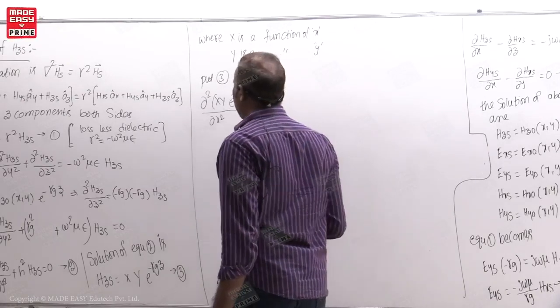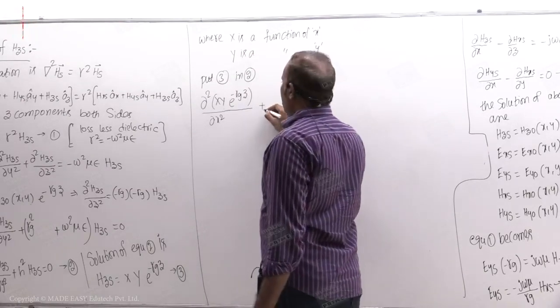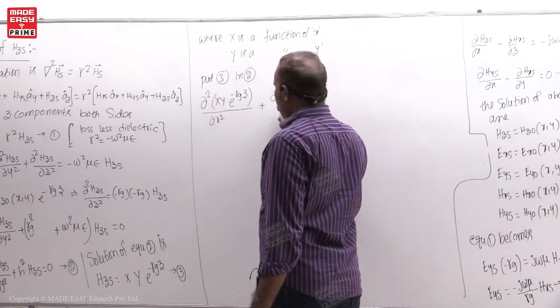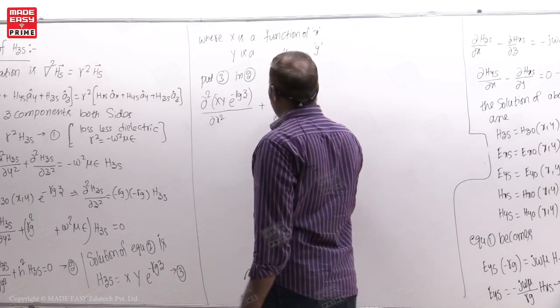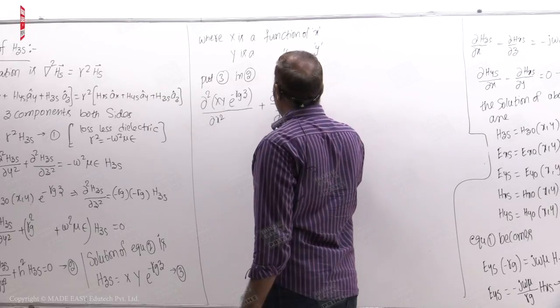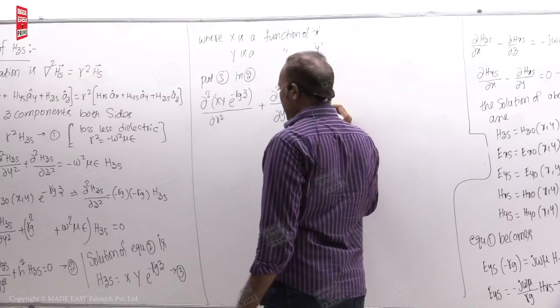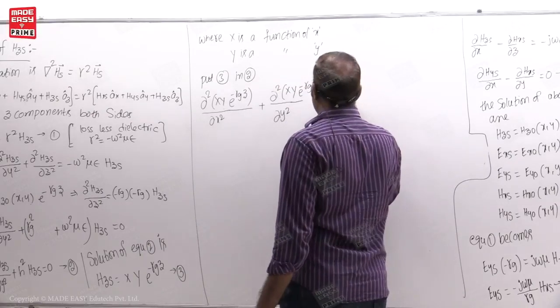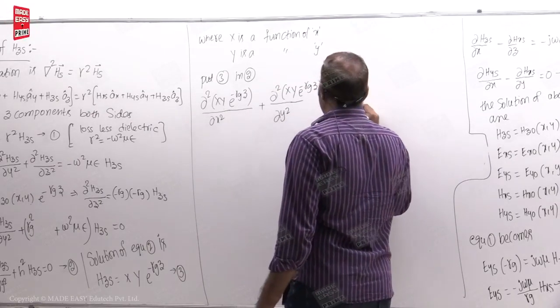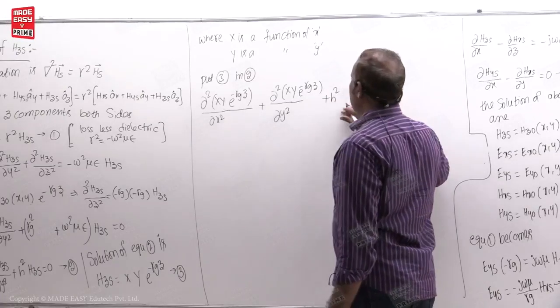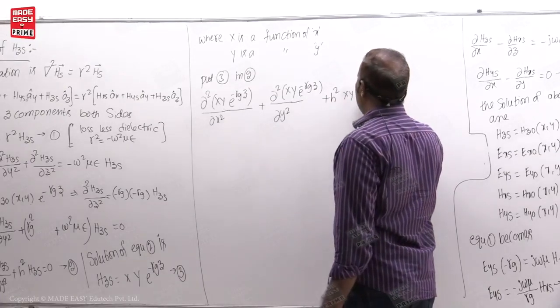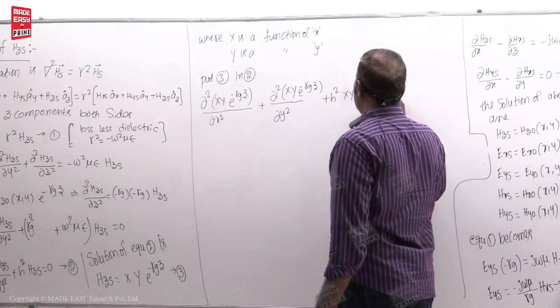Next, dou square by dou y square of XY e power minus gamma g z. Next, plus h square hz. Hz is nothing but once again XY e power minus gamma g z is equal to 0.